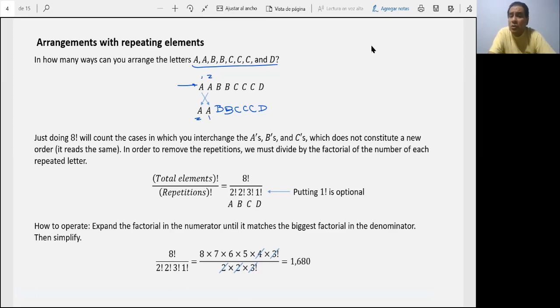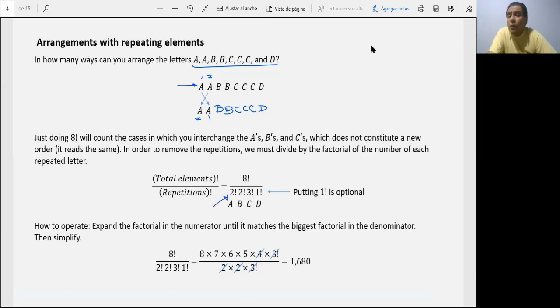For any given position, you have double the valid arrangements. So in order to remove, you divide by the factorial of 2, which is the number of manners in which the two A's can permute. So we first divide by 2 factorial.